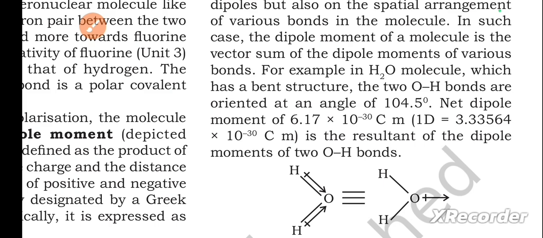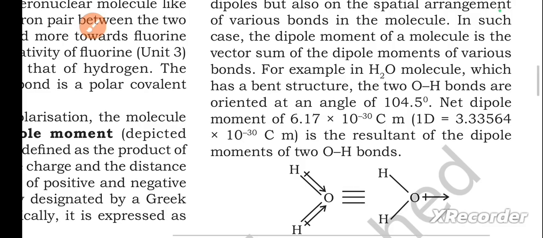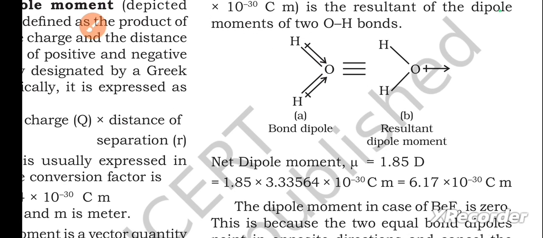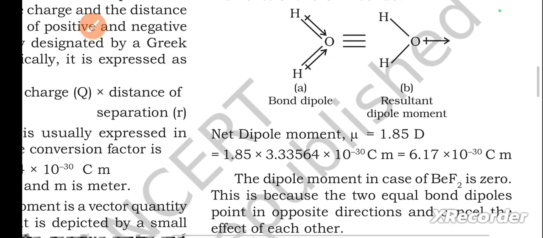The net dipole moment of 6.17 times 10 to the power of minus 30 coulomb meter is the resultant of the dipole moments of the two OH bonds. Net dipole moment mu equals 1.85 D, equals 6.17 times 10 to the power of minus 30 C m.